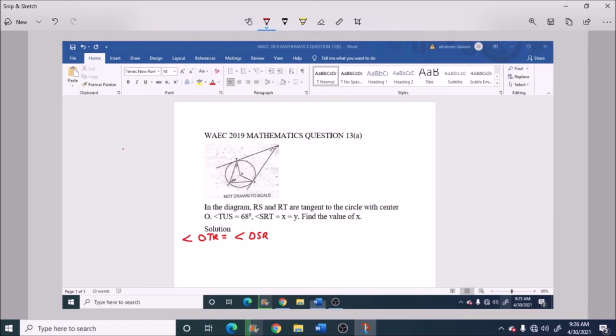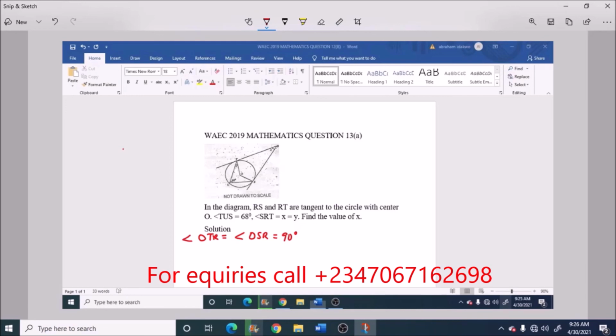Now radius is perpendicular to tangent at the point of contact. Now angle TOS equals 2 times 68 degrees, which is equal to 136 degrees. Now that is the angle at the center.